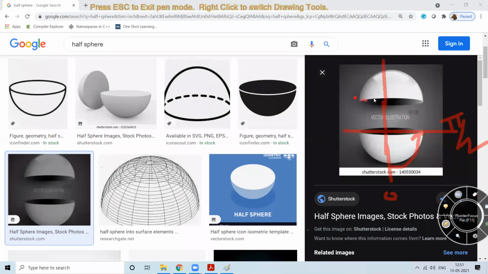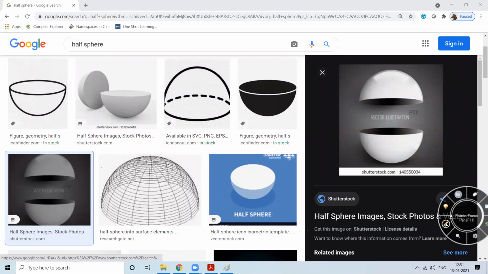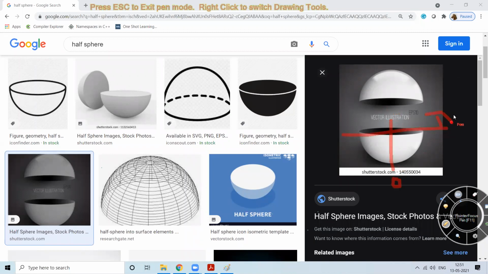It is symmetric. So only on one side you have the radiation present, on the other side you have no radiation. So in this half sphere, theta will be from 0 to pi by 2.